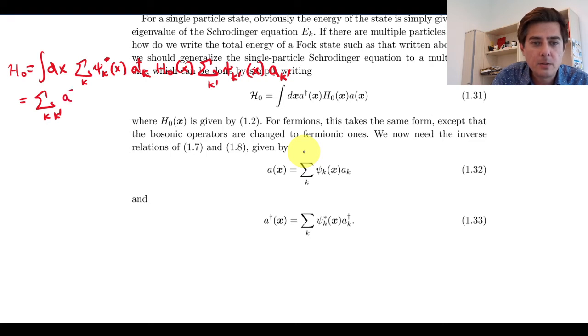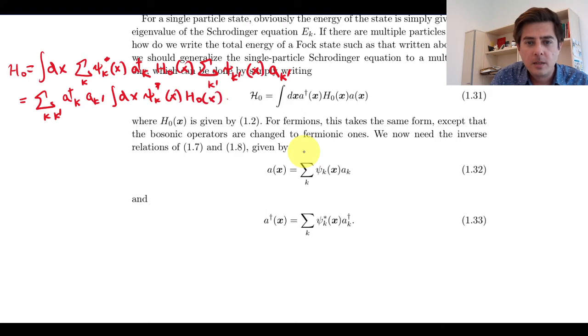Let's put some of these operators out here first, and we've got the integral of psi star x, H0 x, and then psi K prime x, like this. So I've just rearranged the order.